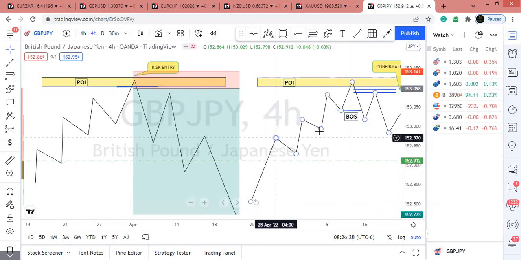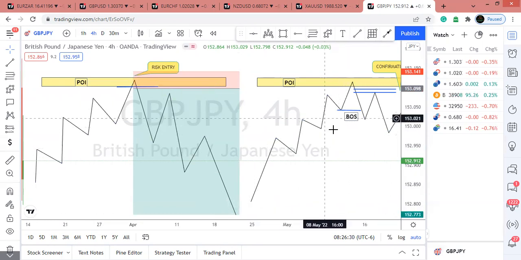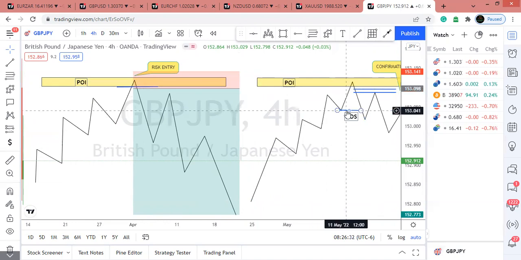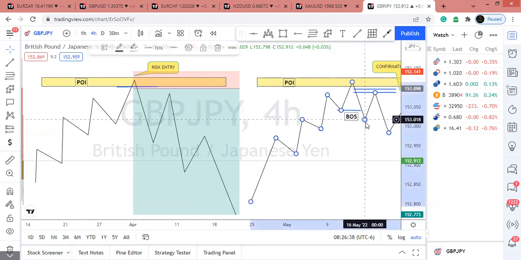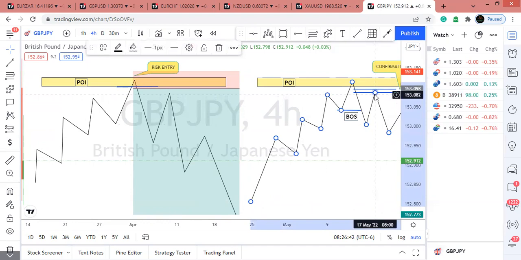Because if price is still going on an uptrend, you expect it to be creating higher high, higher low. But in this case, it has created a higher high, and now it's creating a lower low. Then it came back to create another high that is lower than your previous high.